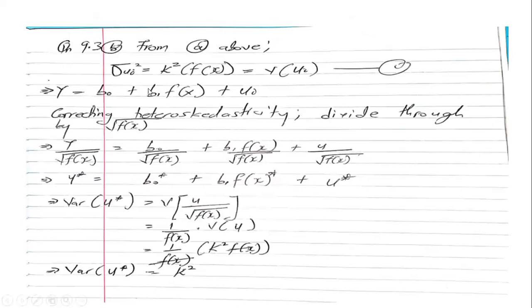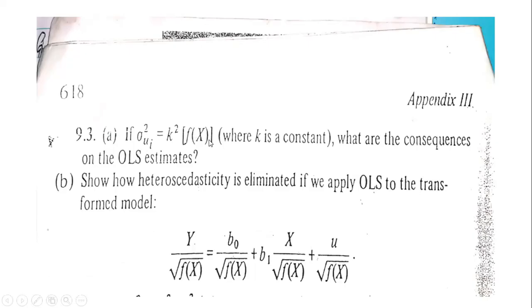From the question above, we can see that we have the presence of heteroscedasticity. The regression coefficient here is heteroscedastic because the variance of the error term here will vary. Okay, it varies. It's not constant.